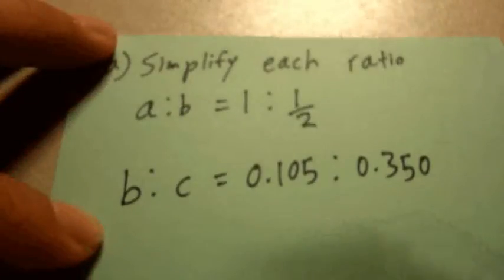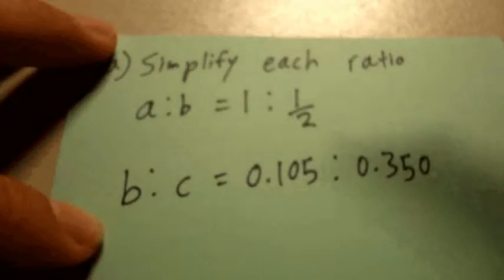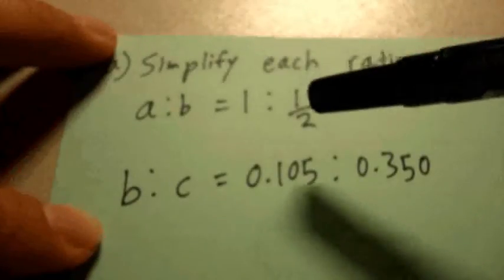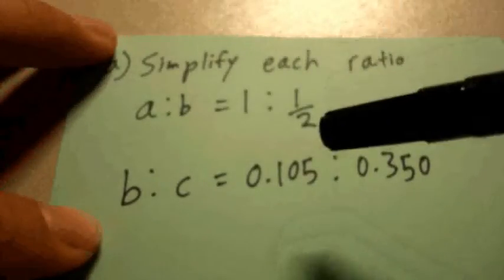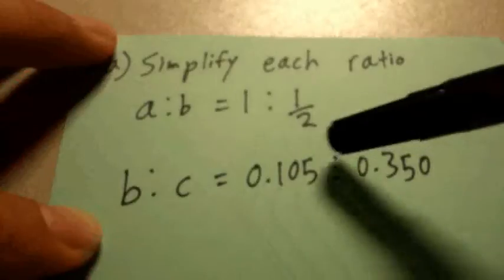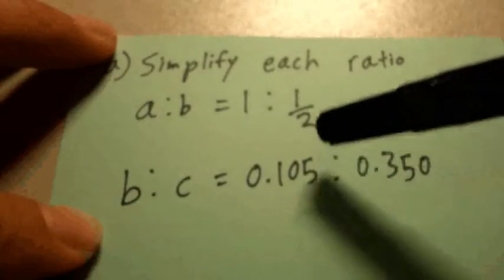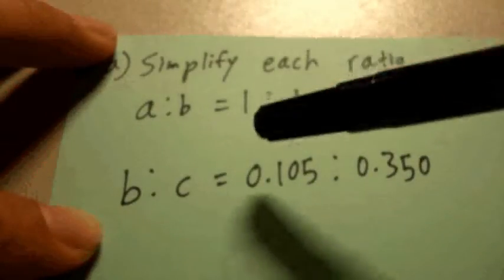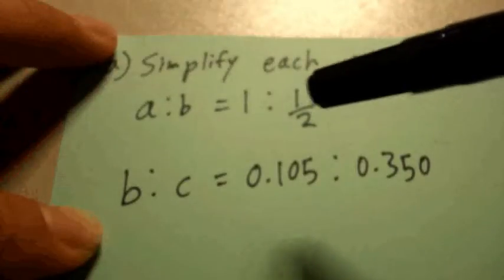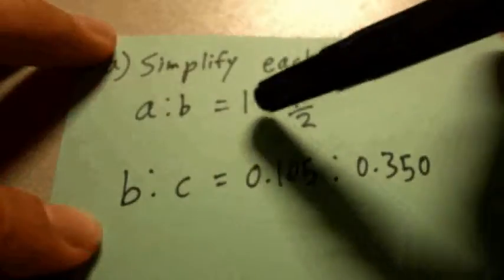For a ratio to be considered simplified, it must be whole numbers, and both of them should not be able to divide by the same number, meaning they have no common factor.